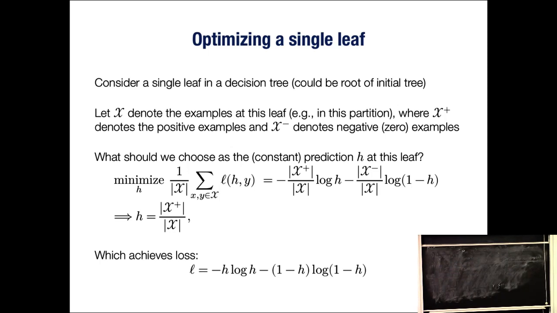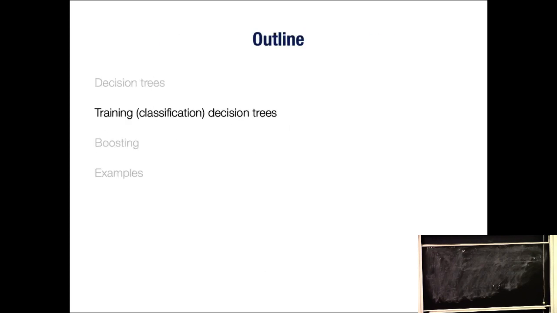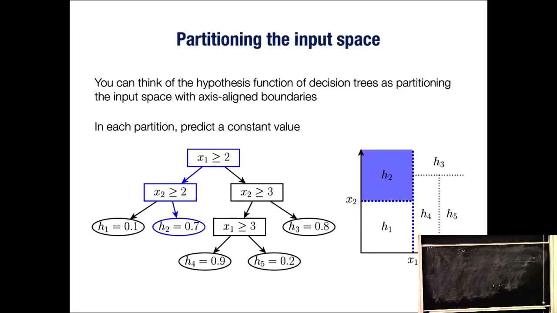Okay, so we're going to consider a single leaf in a tree. What that corresponds to, if you go back a few slides, is a single region of our input space, which, by the way, could be the entire space. If we haven't built a tree yet, if we just have one node effectively, which would contain every example, that would be a leaf in a trivial tree. But we're going to consider one leaf.